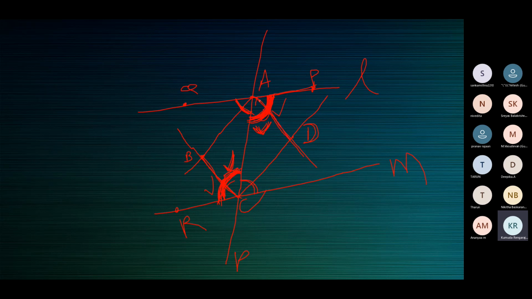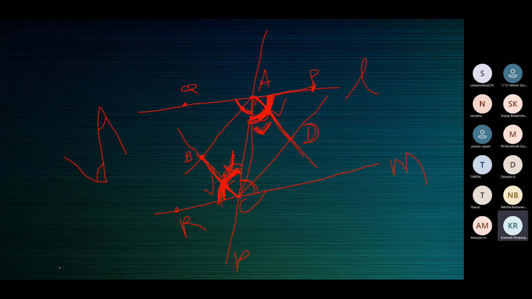Here, some line, transversal, some line, like this. Here and here are the angles. We proved that this angle is equal to this angle, and they form a pair of alternate interior angles and they're equal. So that means AD is parallel to CB.